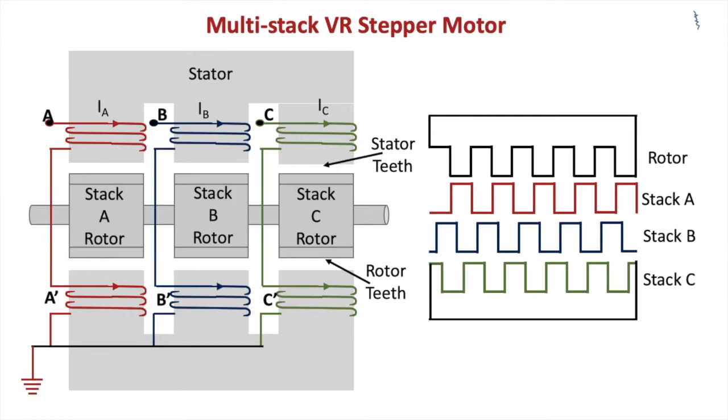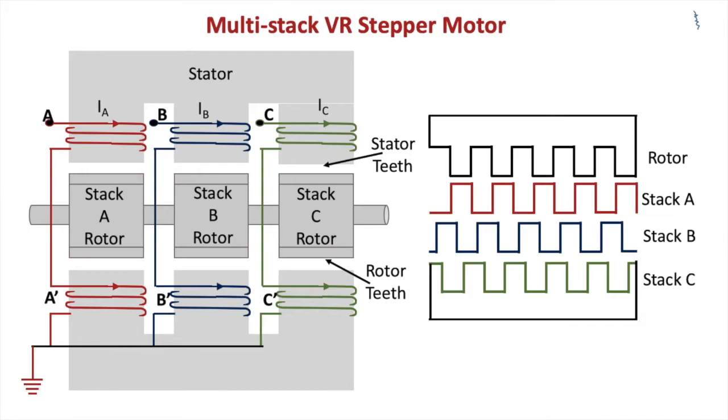So now you can see, if presently the rotor is aligned with stack A, then when you change the supply or the pulse to B, it will have a small rotation towards the right, so that it aligns itself with the stator.